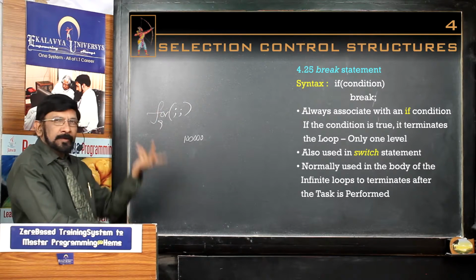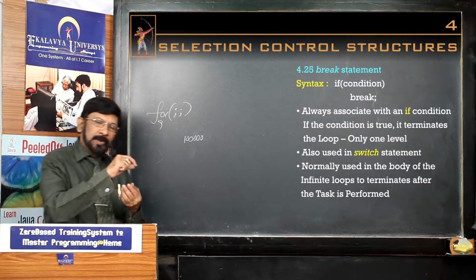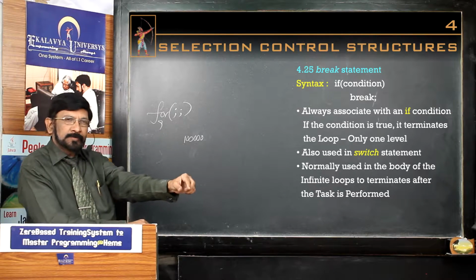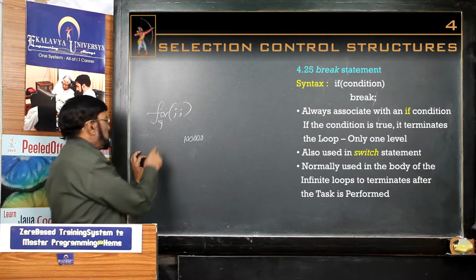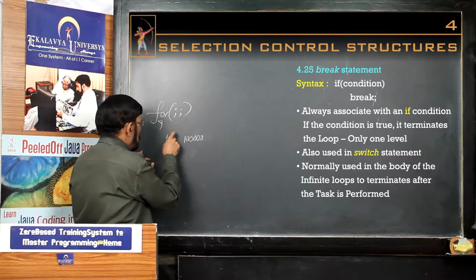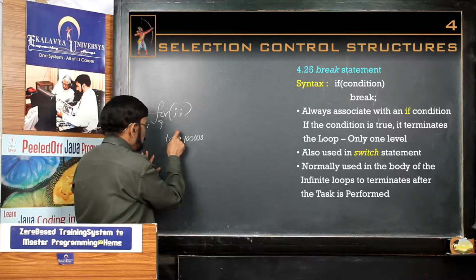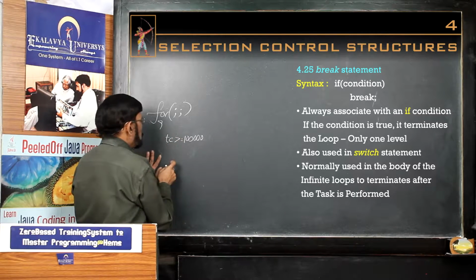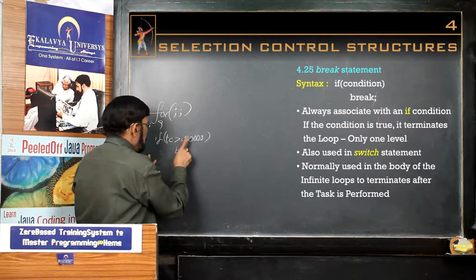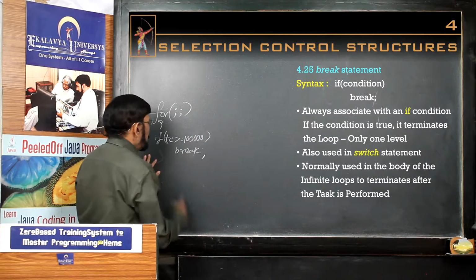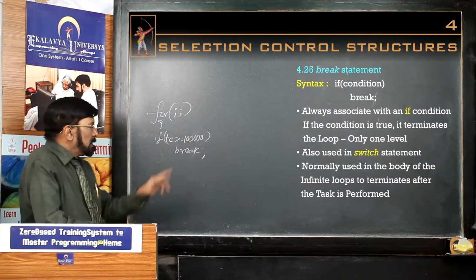We have to create an infinite loop, because whenever one contributor contributes something, it is added to the amount. Suppose the total contribution is greater than or equal to 1 lakh, then we have to write: if, break. In this manner you have to write.